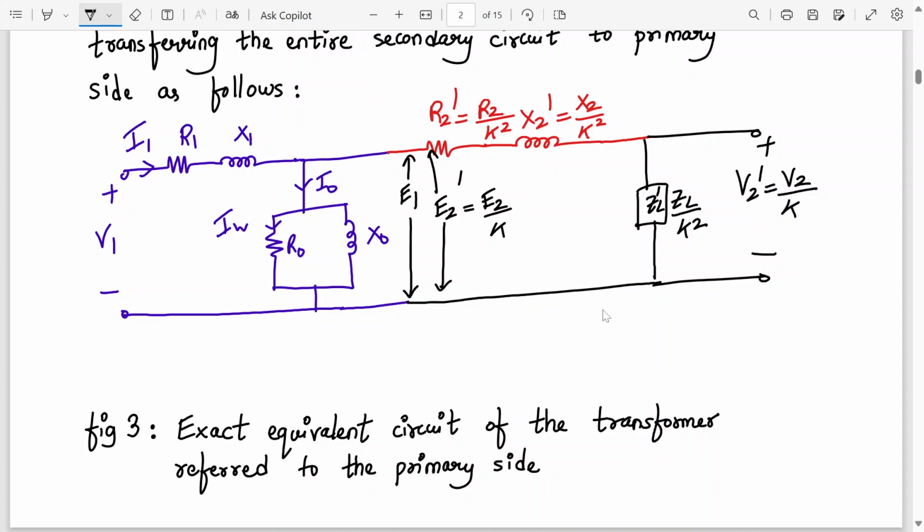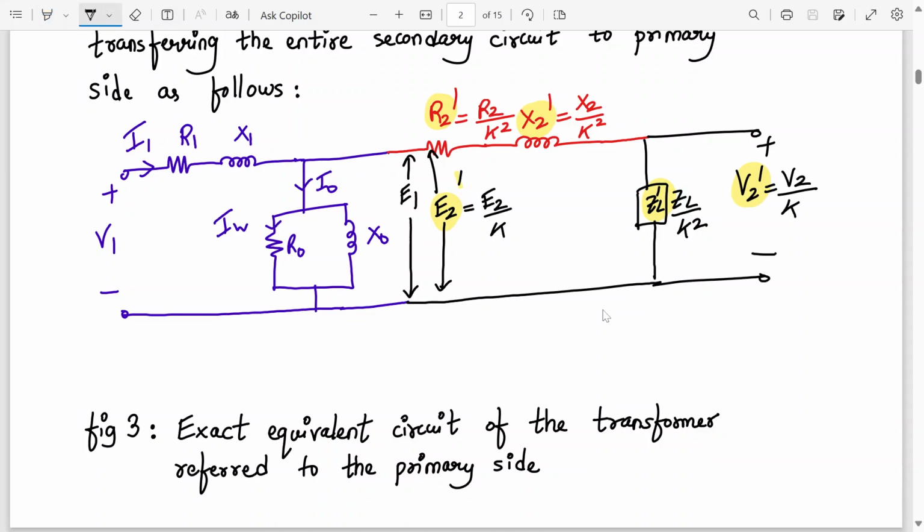So which all components got changed? R2 got changed to R2 dash, X2 got changed to X2 dash, E2 got changed to E2 dash, which is E2 by K. Then ZL changed to ZL dash, which is ZL upon K square, and V2 changed to V2 dash, which is V2 upon K. So please draw this diagram. These are the changes I have highlighted in yellow color without even drawing anything.